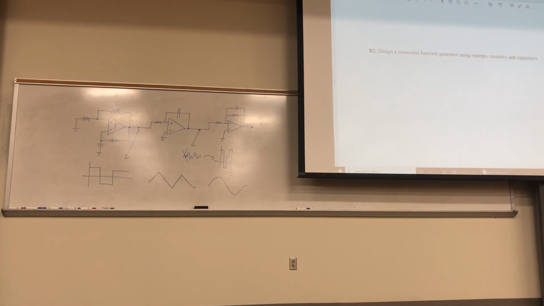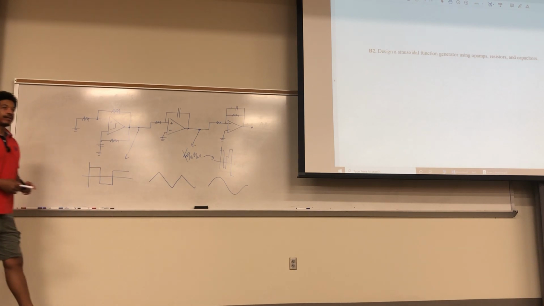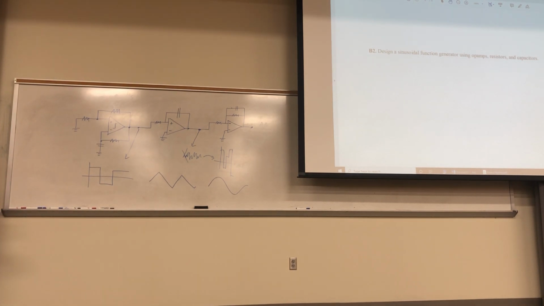Yes? Why couldn't you look at a square wave to get sine? Oh, you mean like go from this directly over to there? Well, I guess I'm saying, why couldn't you just run a square wave through a low pass to cut off the edges, or to smooth out the edges?